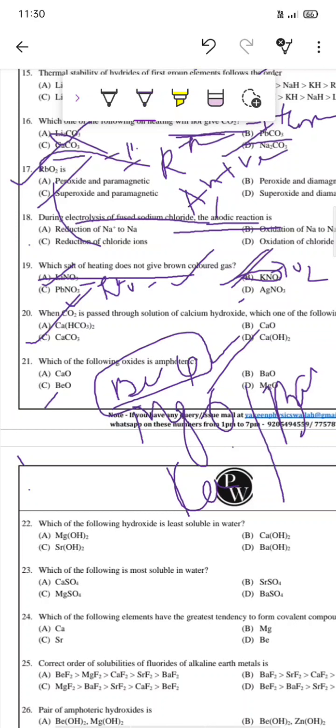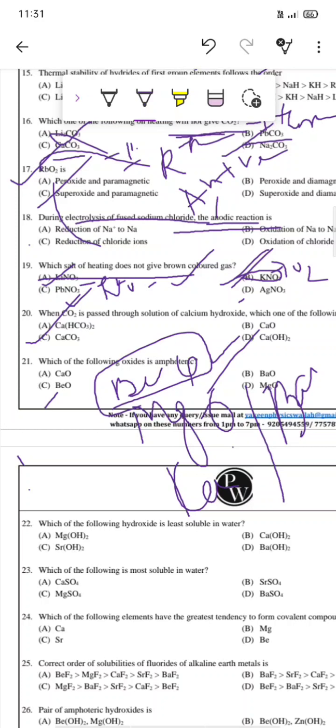Okay, I am going to see my notes. Basic strength is directly proportional to the size of metal ions, so down the group it is increasing.